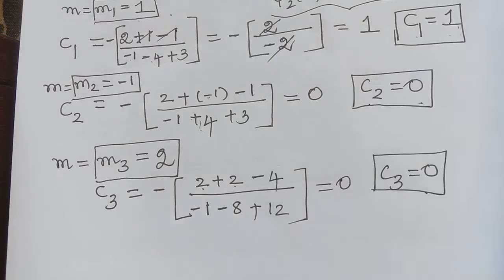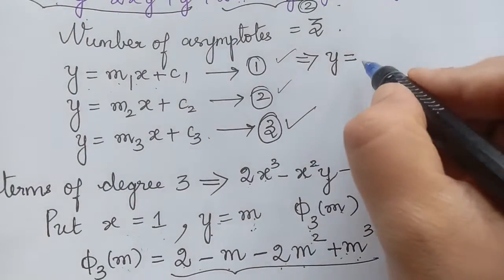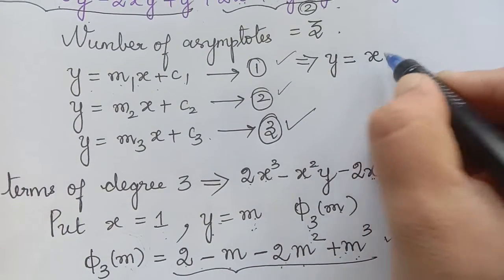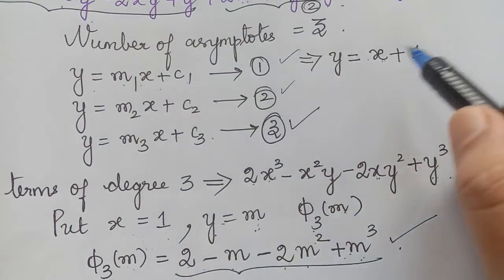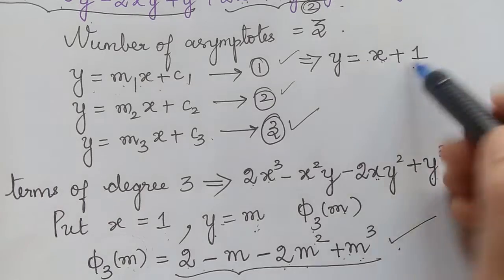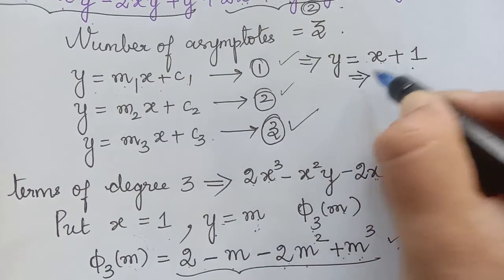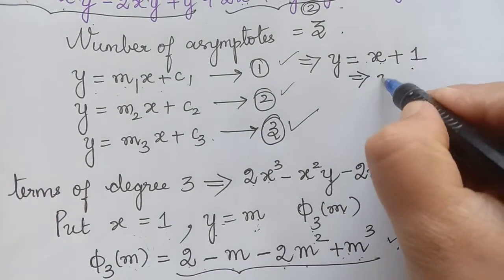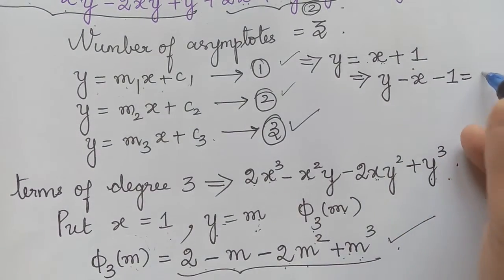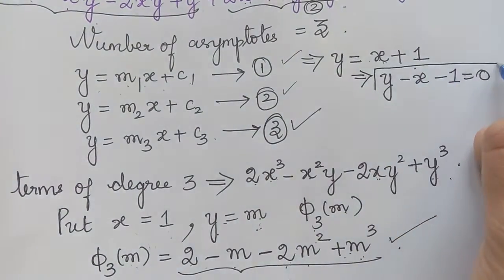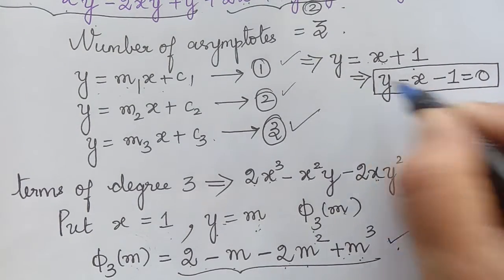It is also 1. So when you substitute that, you will be having 1x plus 1. So y equal to x plus 1. But from this, bringing these two terms to the left hand side, we will have y minus x minus 1 is equal to 0, which is the equation of the first asymptote.